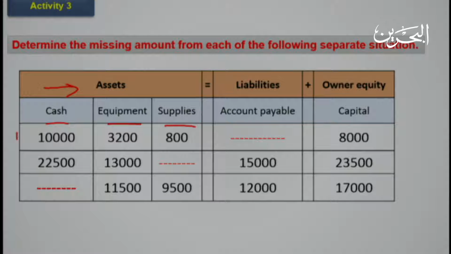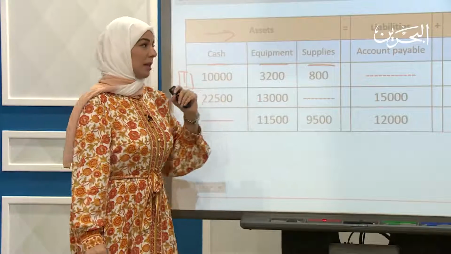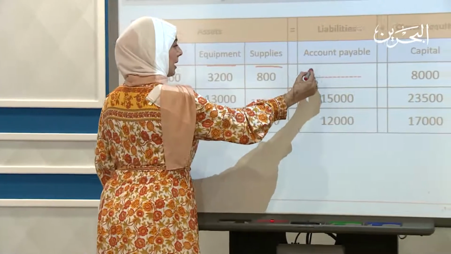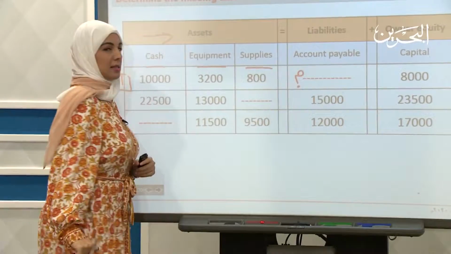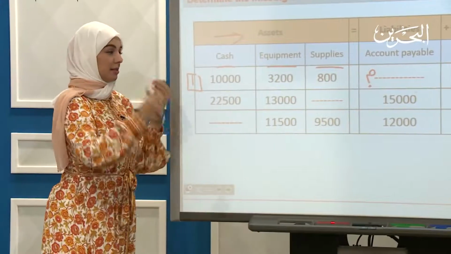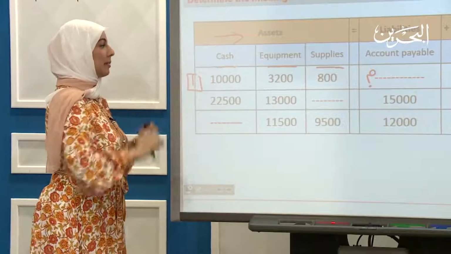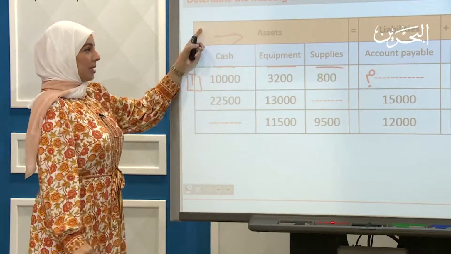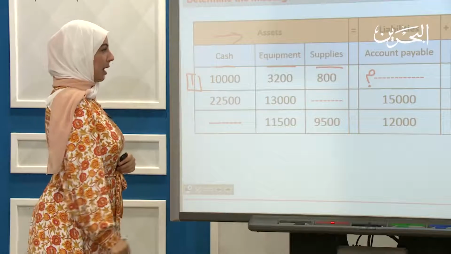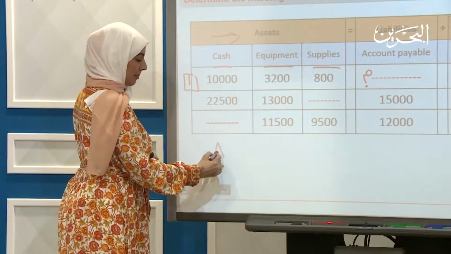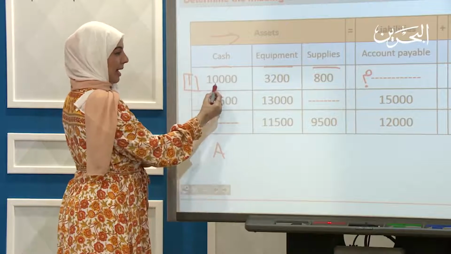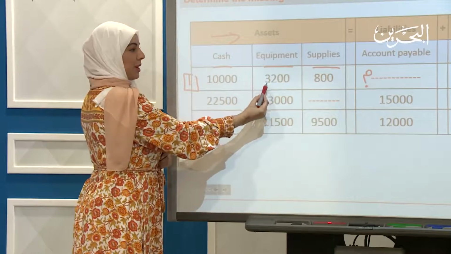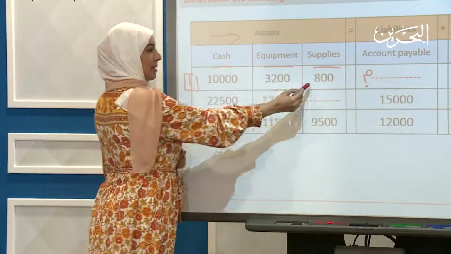Let us take a look at the first example. I have all the figures for all these accounts, but I need to find the liability in this example. How can I get the liability? Applying the first equation, I take the assets, and I have 10,000, 3,200, and 8,000.